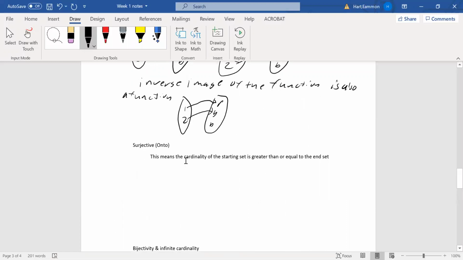Surjective means the opposite, or surjective implies the opposite: the end set cannot be bigger than the starting set. So surjective means I cover the entire set. Think of it like a troop surge is meant to cover the entire thing, or a surge of water can flood your basement.